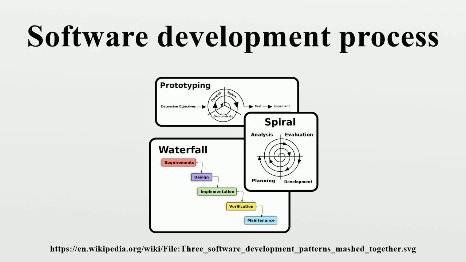The basic principles are: a series of mini waterfalls are performed, where all phases of the waterfall are completed for a small part of a system before proceeding to the next increment, or overall requirements are defined before proceeding to evolutionary mini waterfall development of individual increments of a system, or the initial software concept, requirements analysis, and design of architecture and system core are defined via waterfall, followed by iterative prototyping, which culminates in installing the final prototype, a working system.